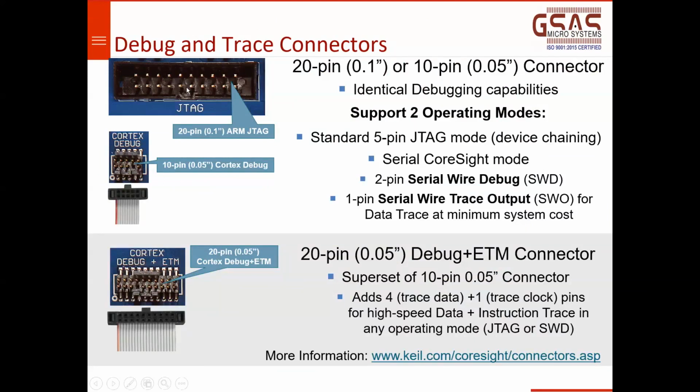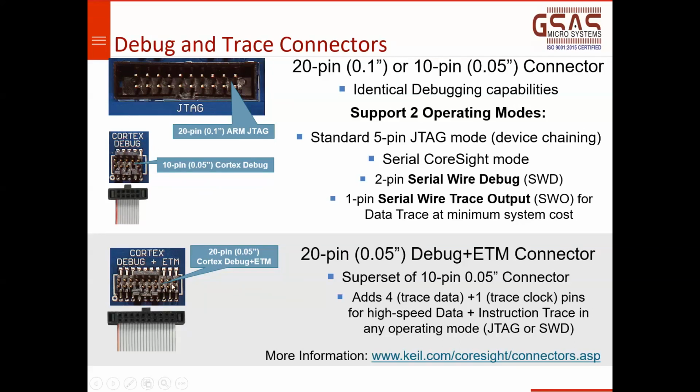It's not like this 20-pin JTAG, but the pitch between the two pins is 0.05 inch. For Cortex, we usually use this, and it is called Cortex Debug. So if you want to collect serial wire viewer trace from ITM or DWT, you can connect to JTAG or Cortex Debug, but ensure you configure these two ports in serial wire mode.